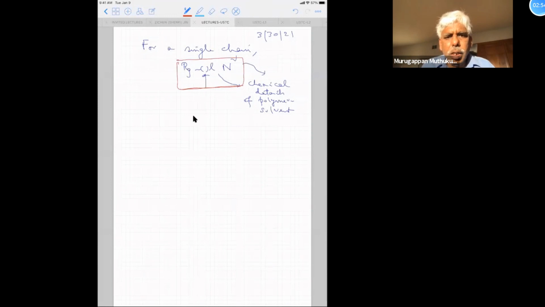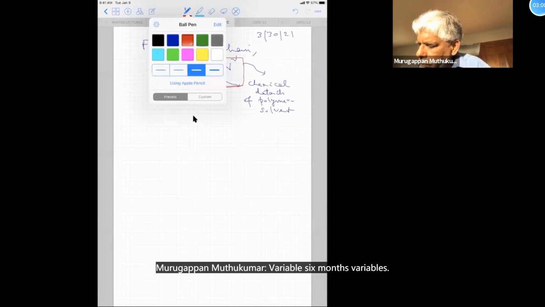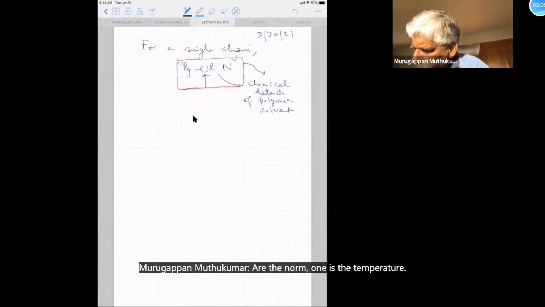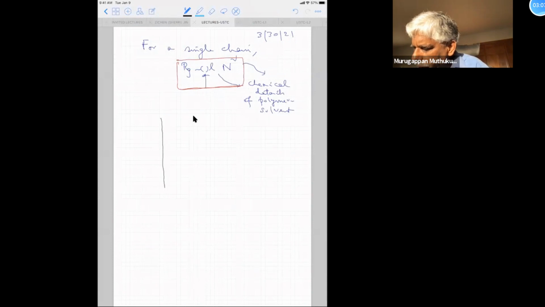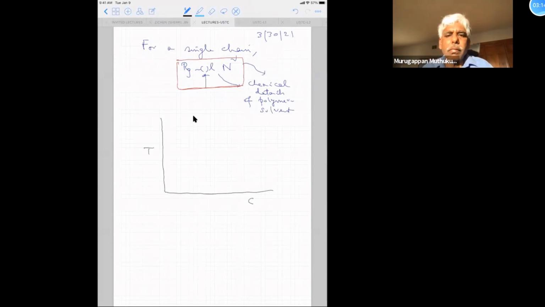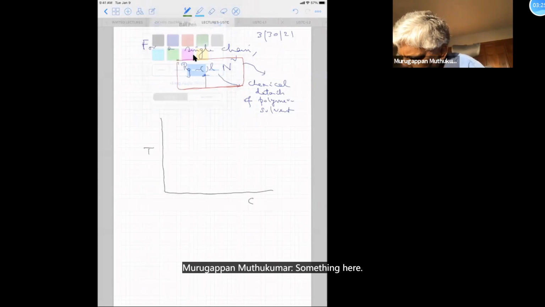From now on, what we are going to do is look at two important experimental variables. As you know, one is the temperature. The other one is polymer concentration. So far, when I say single chain, infinitely dilute solution, I'm looking at something here.